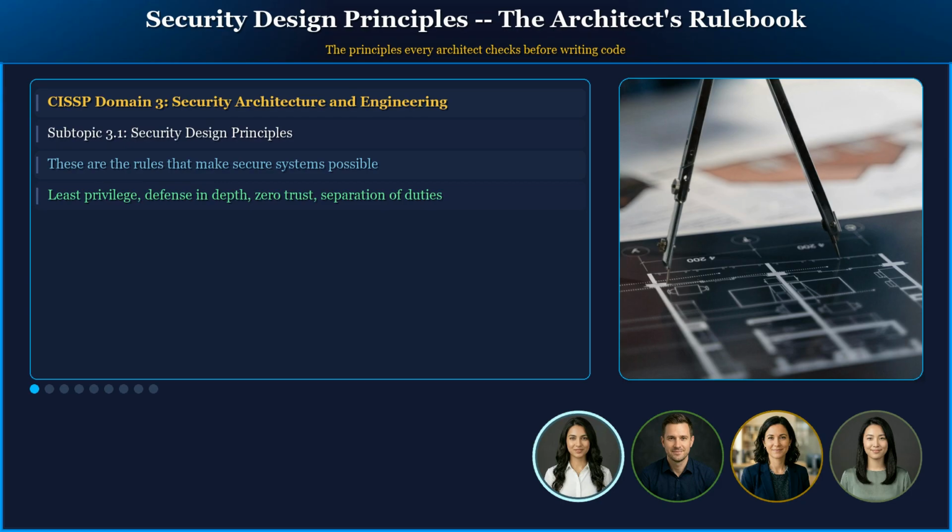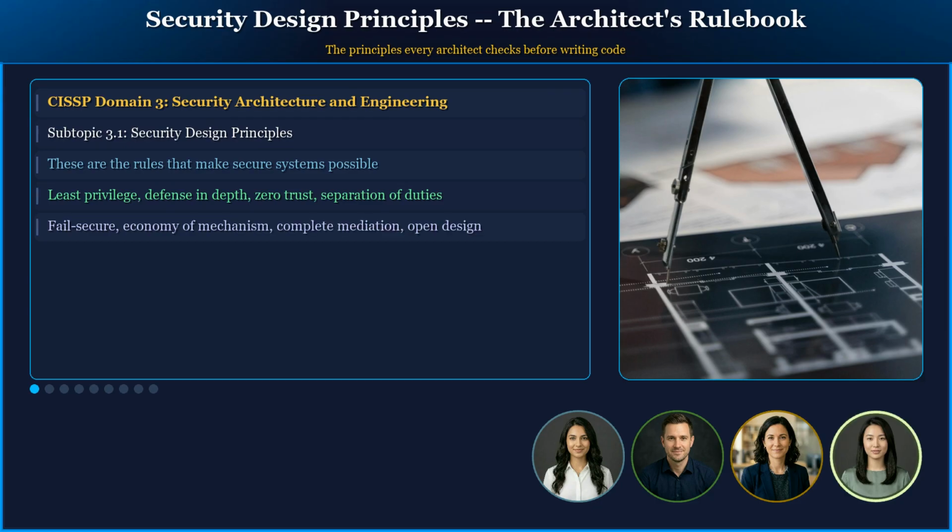And we will close with the RSA SecurID breach of 2011, a real case where multiple design principles were violated simultaneously. That breach shows exactly what these principles are designed to prevent.